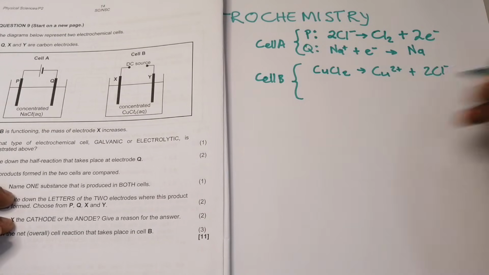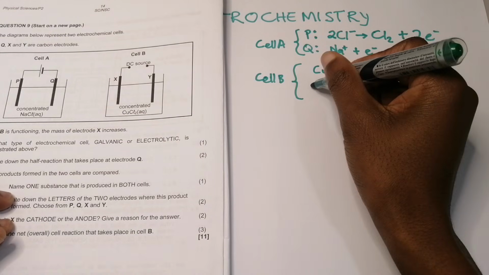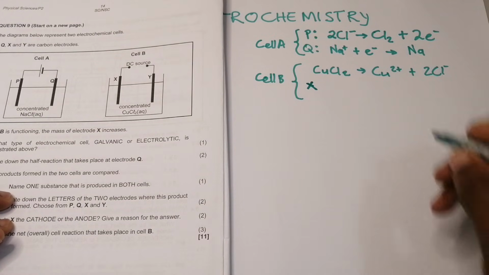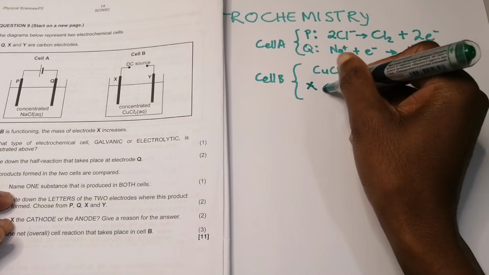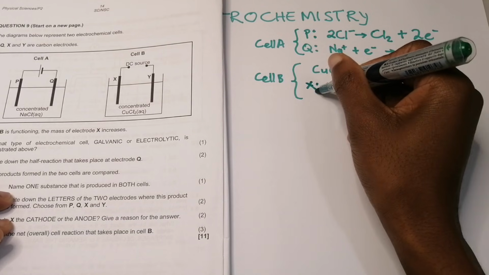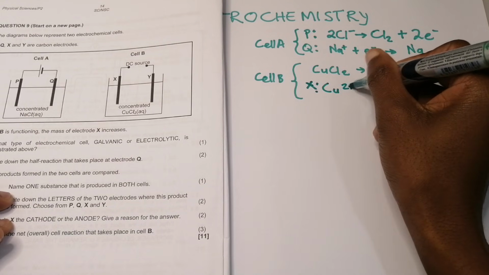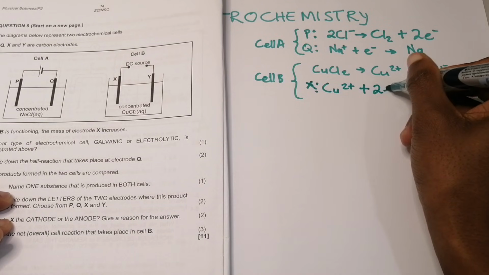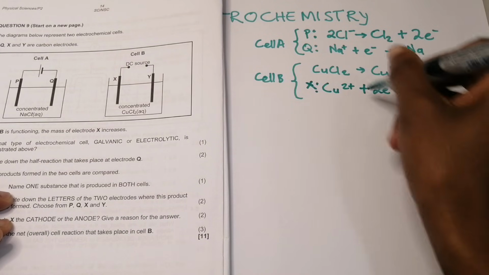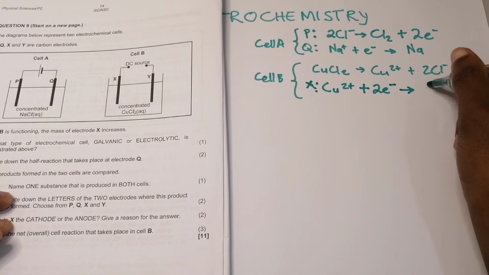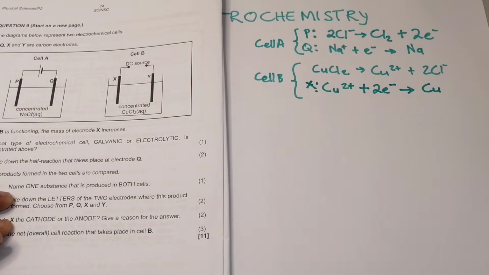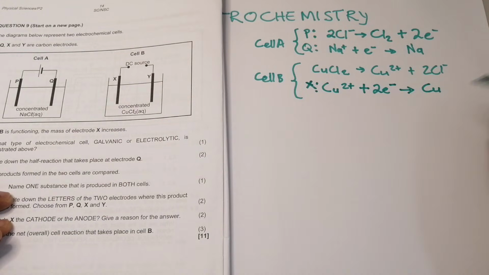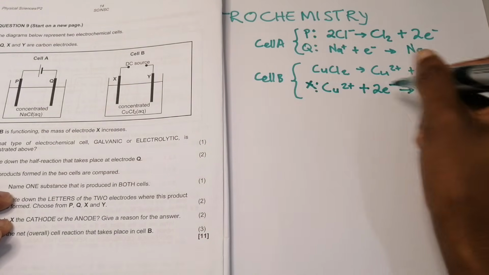So in this case, at X, copper 2 plus ions would be reduced, receive electrons, and therefore become copper. Because you're forming copper over there, it would tend to be heavier, and in this case it gains mass.